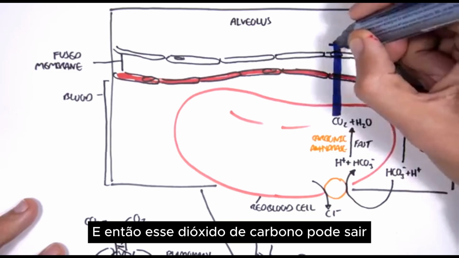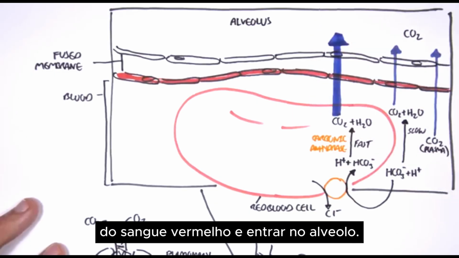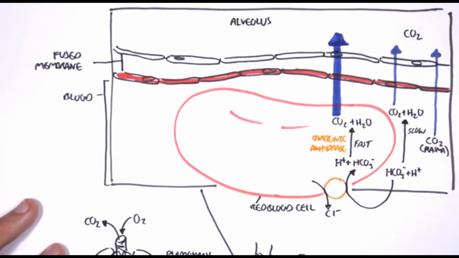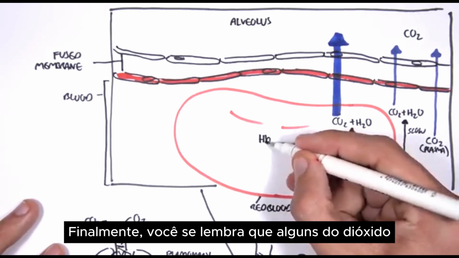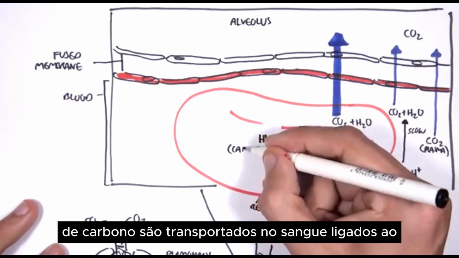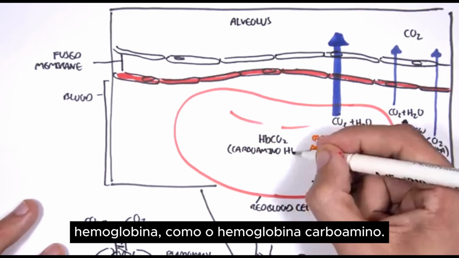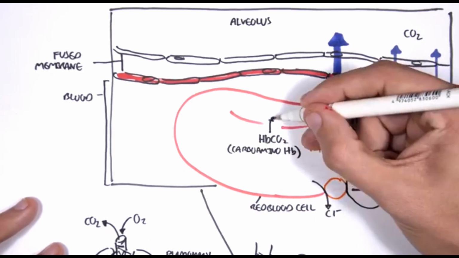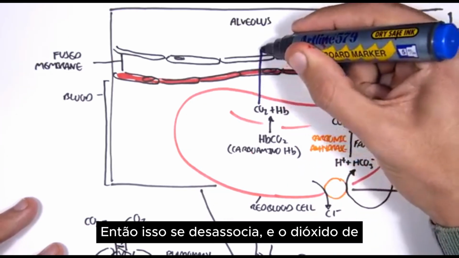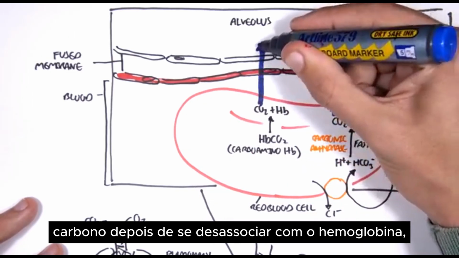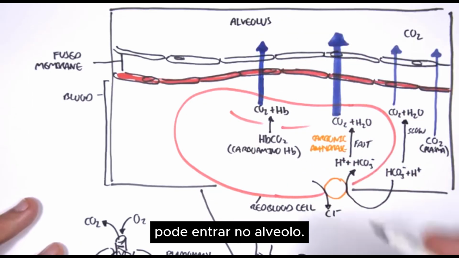And then this carbon dioxide can just exit the red blood cell and enter the alveolus. Finally, you remember that some of the carbon dioxide is transported in the blood bound to hemoglobin as carbaminohemoglobin. And so this will dissociate, and then the carbon dioxide, after it's dissociated from hemoglobin, can then enter the alveolus.